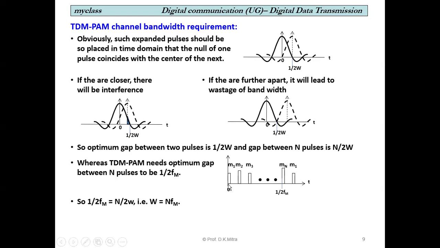So this distance 1 by 2 FM should be equal to n upon 2W, because both are in the time domain. If 1 by 2 FM is n by 2W, we find W is equal to n FM. That means W, the bandwidth of the channel, is equal to n times the baseband FM.